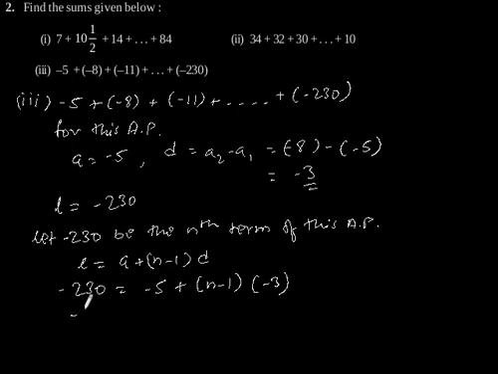Solving this, we will get minus 225 is equal to n minus 1 into minus 3.